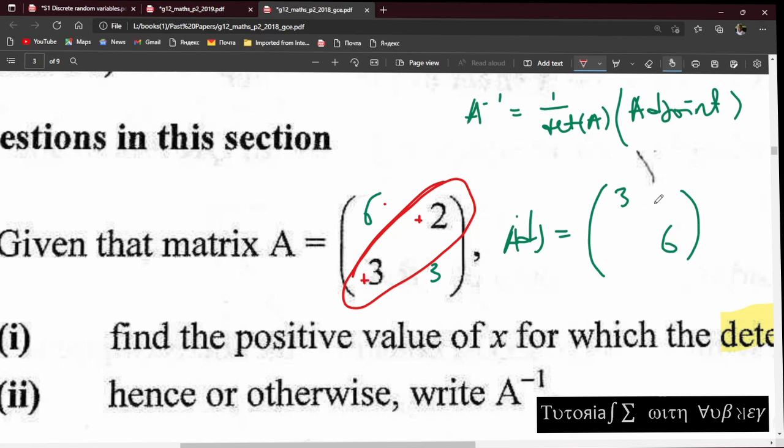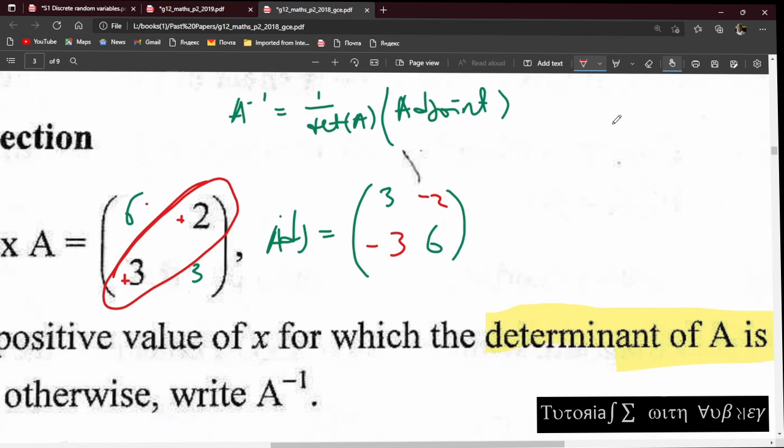It means in our adjoint matrix, this will be -2 and -3. So now we are done. So we just replace now in our formula here. Our formula now will be equal to 1 over the determinant we've already been given.